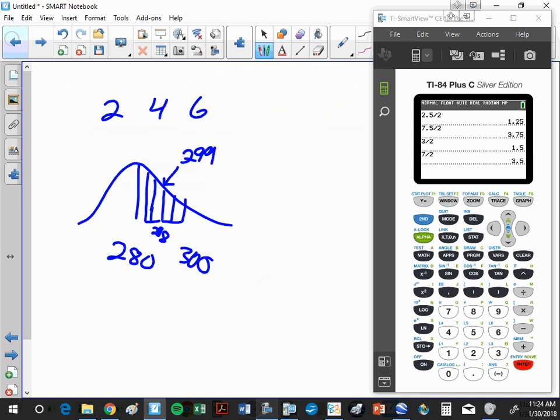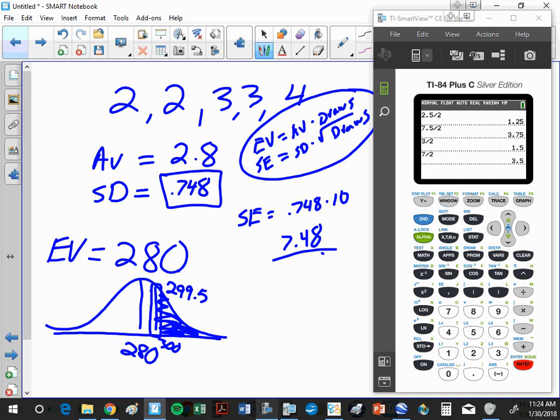All right, so we go back here. We've decided to do edges. So we want the area from 299.5 to infinity. So what's the distance from here to here?